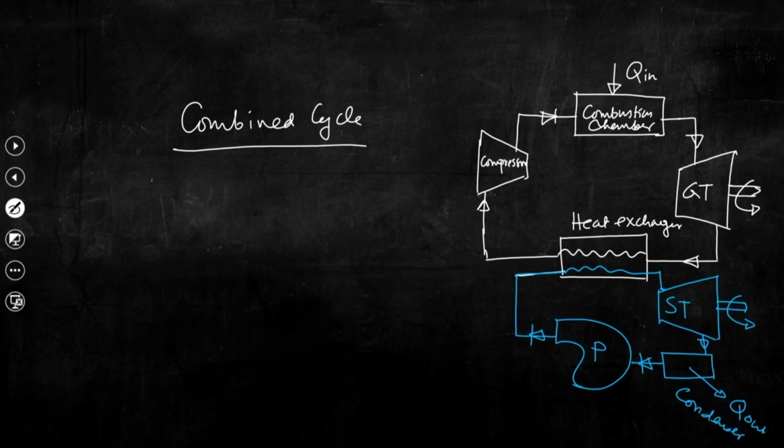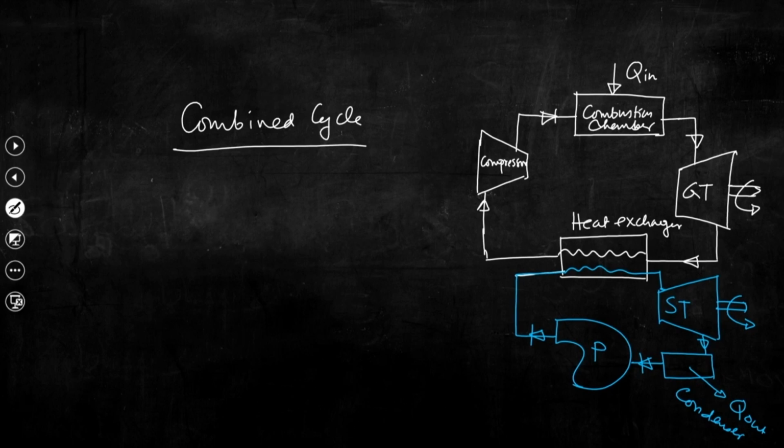So, we can see there are two cycles, one is known as the topping cycle, another one is the bottoming cycle. We had seen that in a gas turbine unit we have high exhaust losses. Had we not used the gas that comes out from the turbine in this heat exchanger, it would not have been possible to recover that heat.